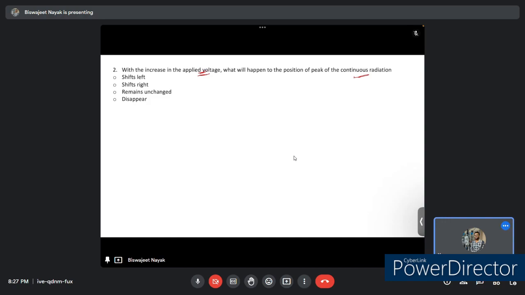One, as we had already discussed, these are coming due to deceleration of electrons. Not all the electrons decelerate in the same way. Some are stopped in one go, and they give up all their energy at once. Others take time to stop.